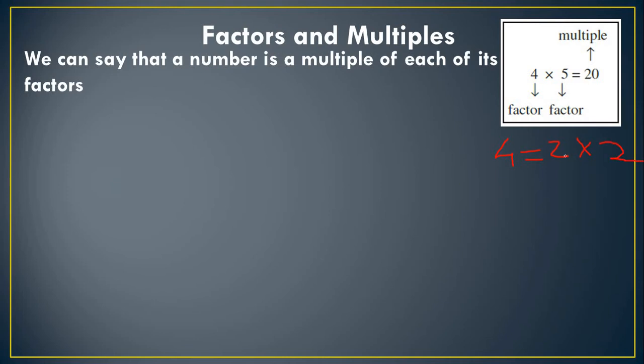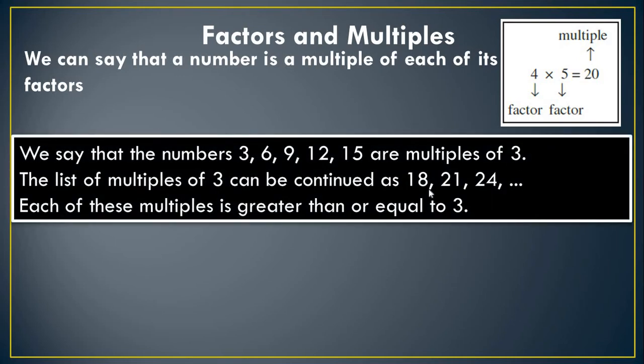So these factors, 2 into 2, is nothing but 4. Or you can also take one more example here. 4 is nothing but 4 into 1. So as you know, 4 and 1 are the factors, so their multiplication is always 4. I just remove this. It was for your understanding.